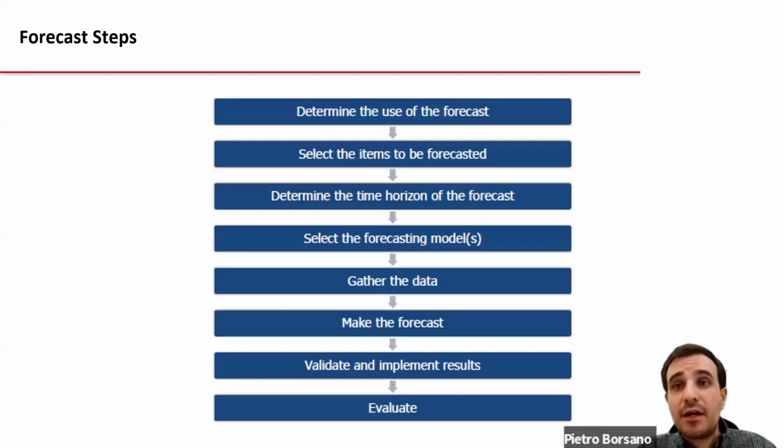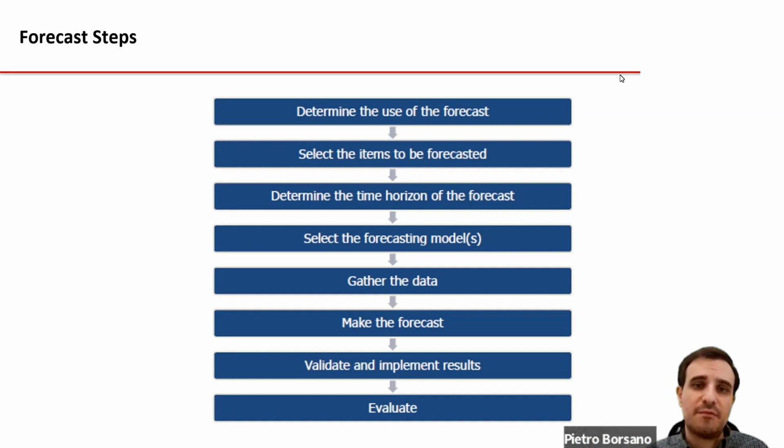How can we conduct our forecast? This is a step-by-step guidance on how to make the forecast. So we need to determine the objective and the use of a forecast. We need to select the items that are going to be forecasted. We need to determine the time horizon of a forecast, and then the methodologies of a forecast.